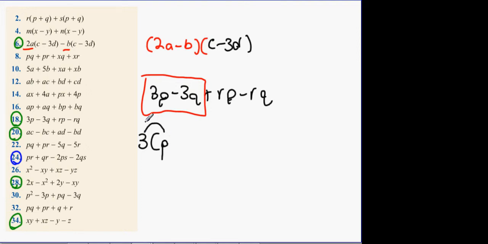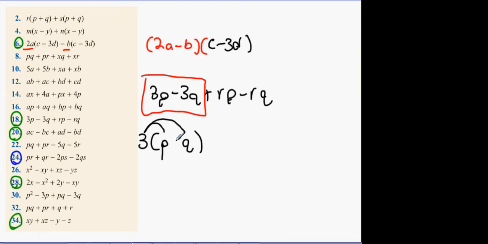P. Because 3 multiplied by p is 3p. Now, 3 multiplied by what gives you 3q? Q. Because 3 multiplied by q is 3q.